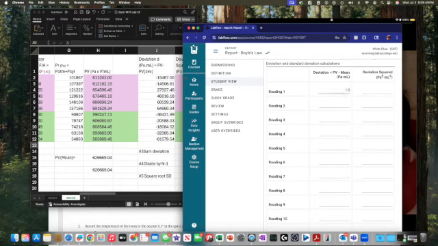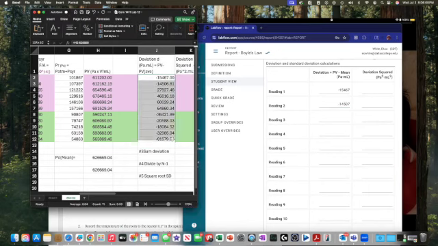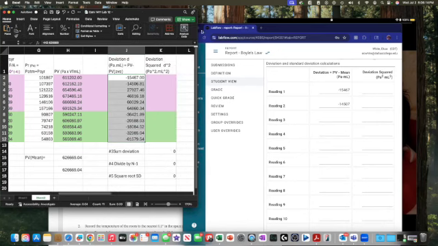Negative 154,467. That's the first number. Second number, negative 145,07. Let me change this to 0 decimal places because the numbers are a lot. Let me drag this out.